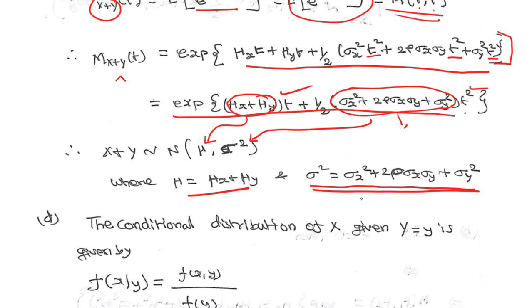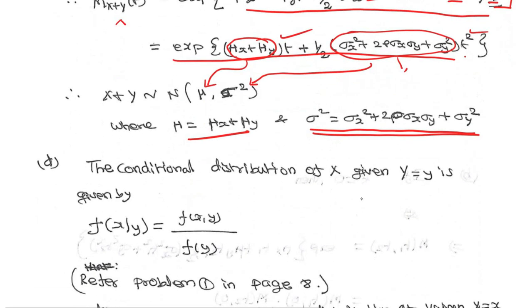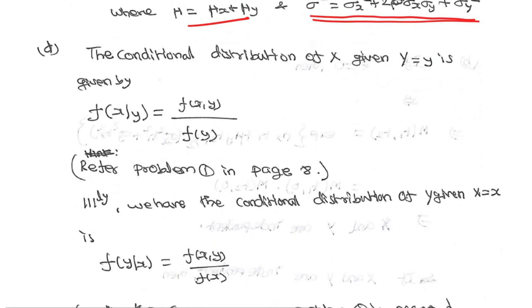Finally, we want to find the conditional distribution. Actually, the conditional distribution part we don't want to do, because already we have it in problem number 1 on page number 8, we have proved the same thing there. So that's why I'm not repeating that one.